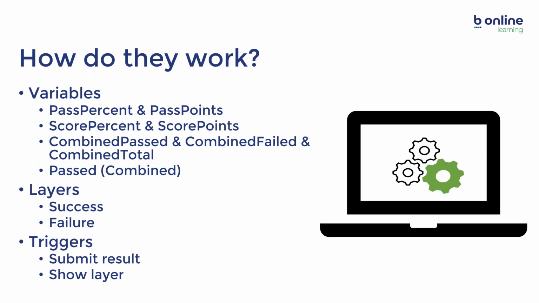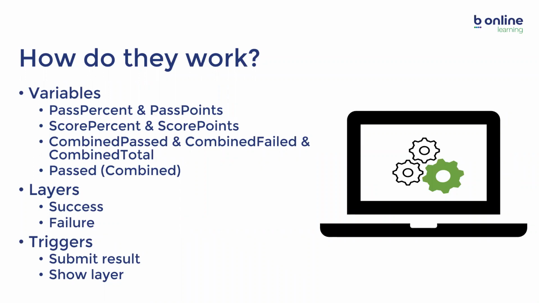Okay, so Storyline adds all of those variables automatically when you go ahead and add your result slide. And as it's doing that, Storyline also adds different elements to the slide as well. It adds different layers, effectively a success and a failure layer, and that controls your messaging to the learner. Whether the learner has passed or failed, you can give them on-screen messaging around that.